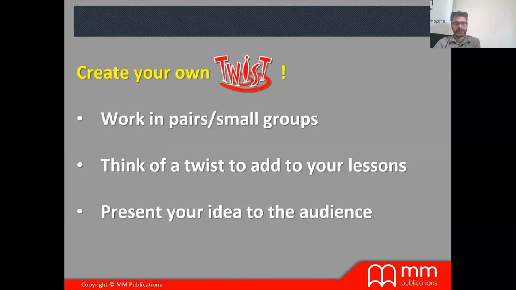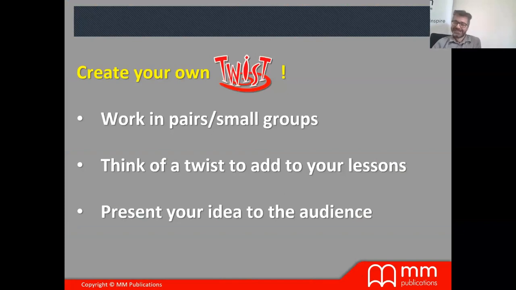Now, let's reflect on what we heard today and create our own twist. Do you want to create your own twist? Well, if we were together, we would probably work in pairs with the person sitting next to you or in small groups. Or if you were just 20, I would split you in groups here on Zoom, but now you're too many, okay?